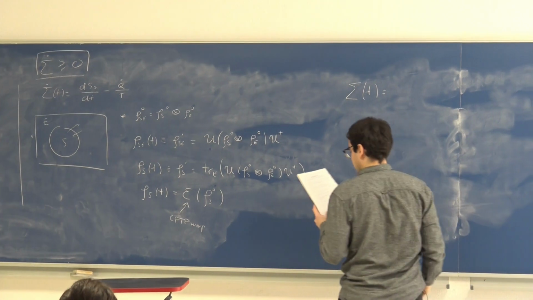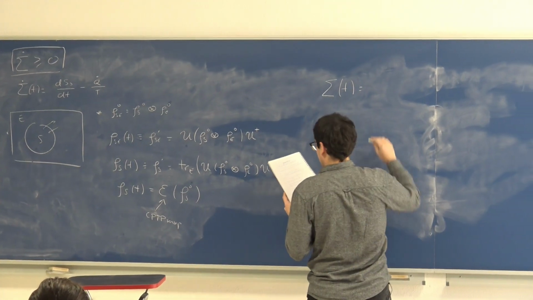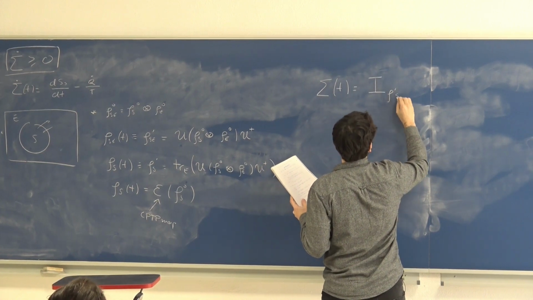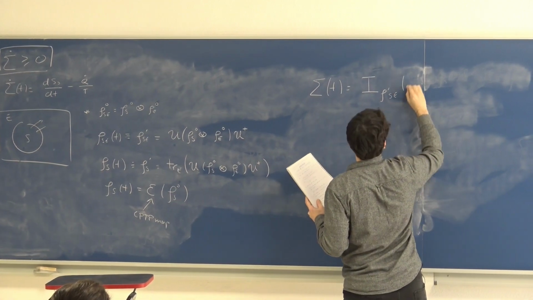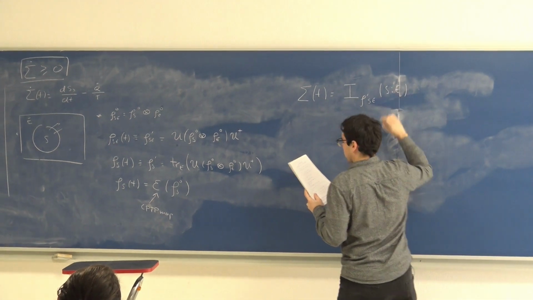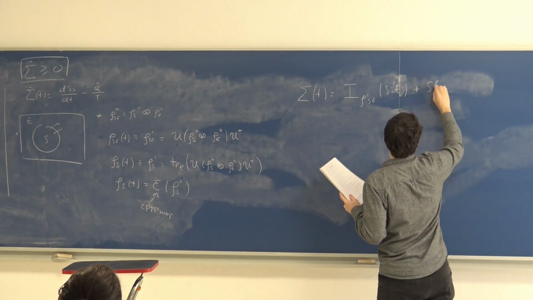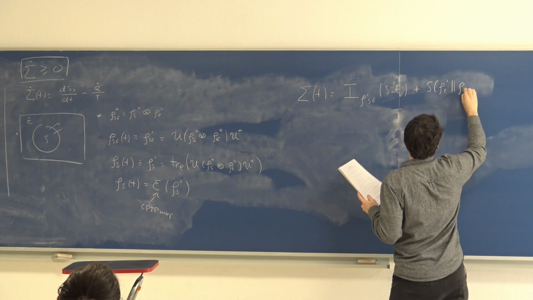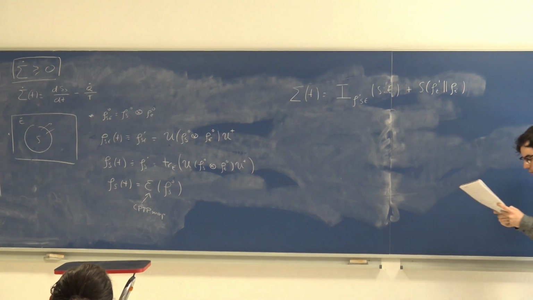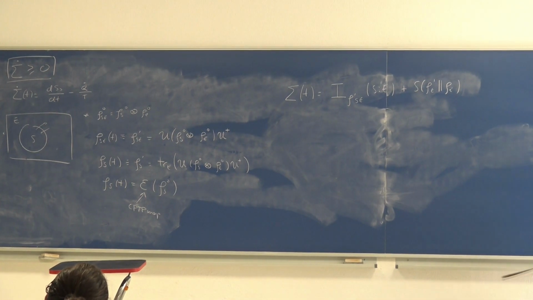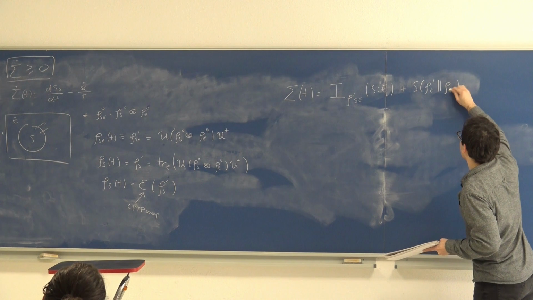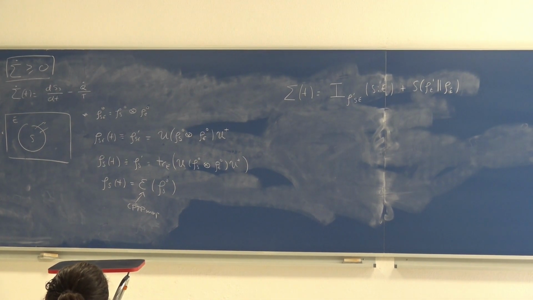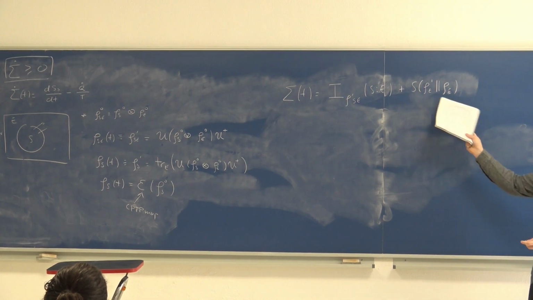One of them is basically related to the amount of shared information between the system and environment, right? And the other one is the relative entropy of the final state of my environment and the initial state of my environment. That is some sort of a distance between these two states.